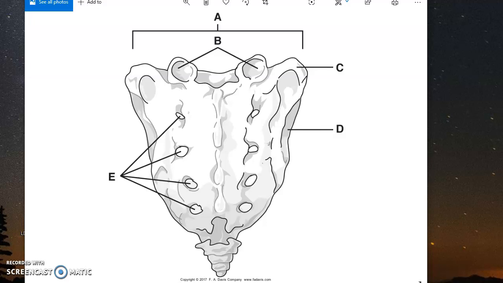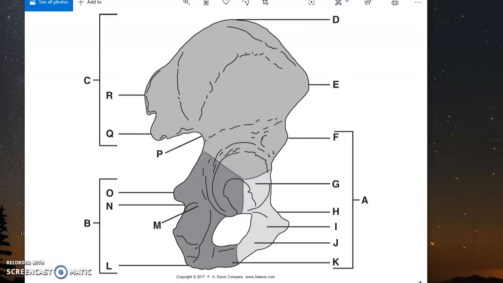Next part that we need to talk about is true pelvis versus a false pelvis. It is just an indication of where we are looking within the pelvic girdle itself. So the false pelvis is made up from the superior aspect of the iliac crest down to a region of the superior pelvic inlet.